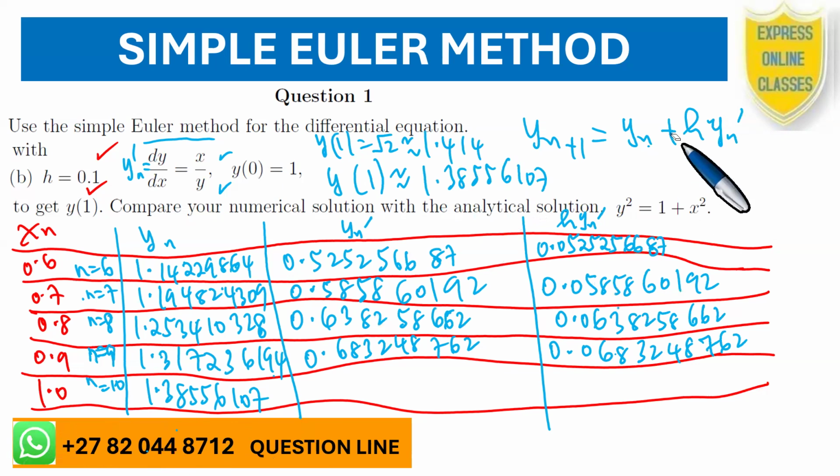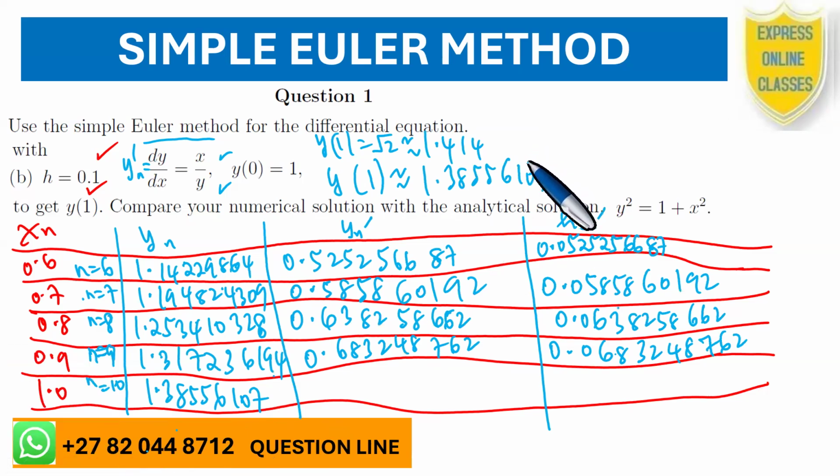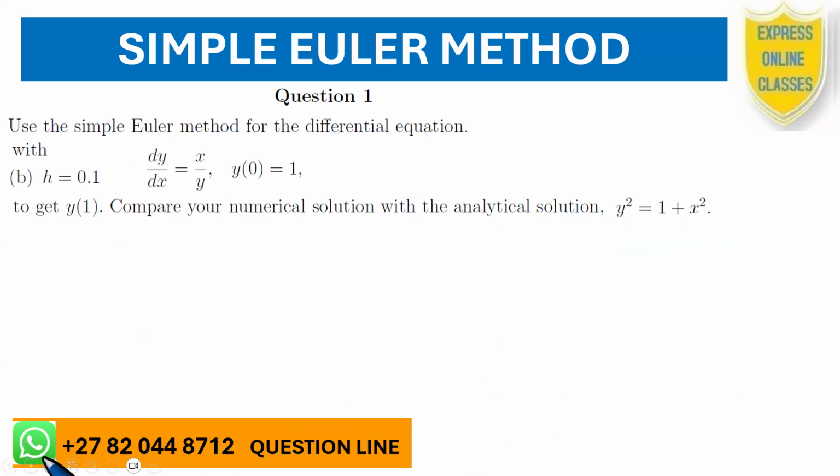Right, so we'd have 1.41421 3562. Let us compare the numerical solution we've got with the analytical solution of this particular differential equation.